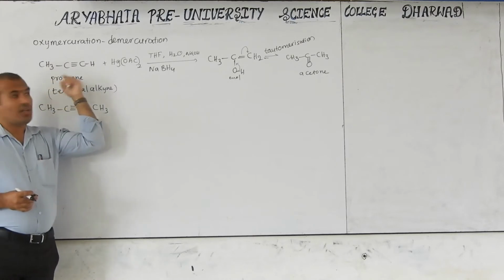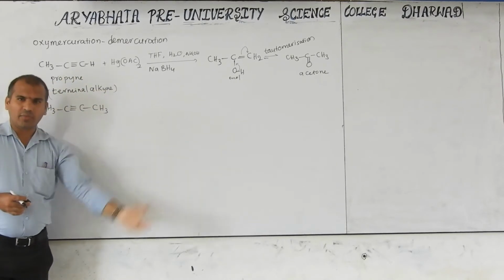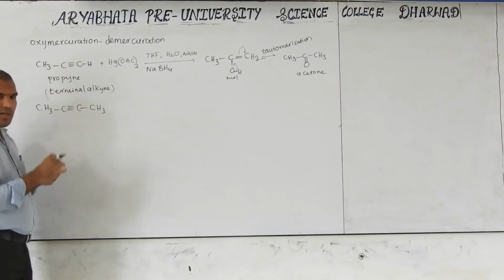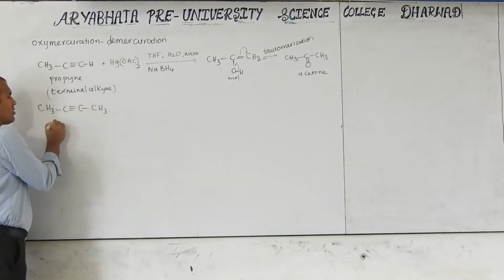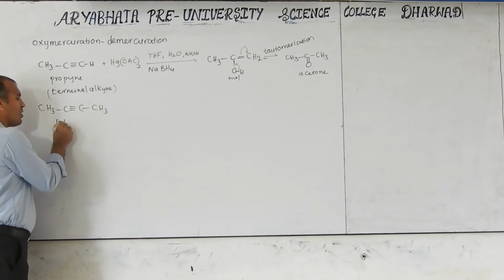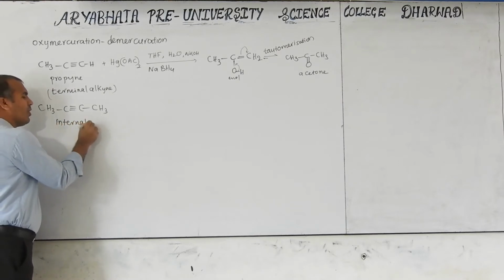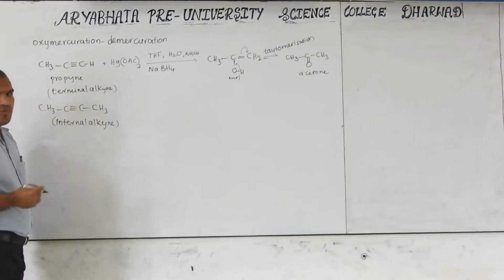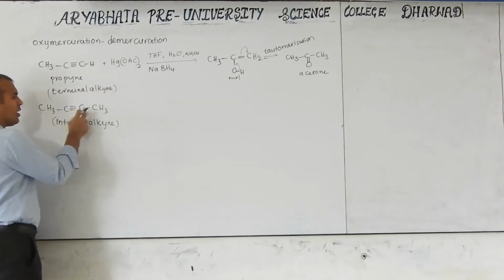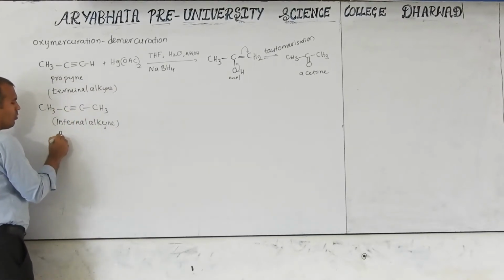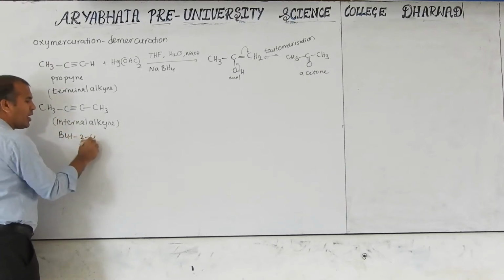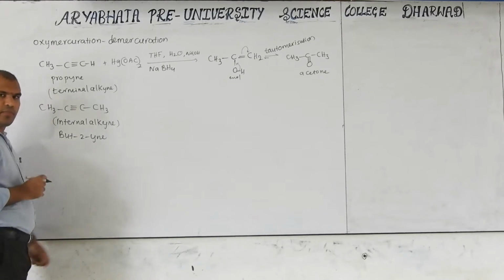If CH appears at the end, we call it terminal. If the triple bond is in the middle or inside, that is called an internal alkyne. This is not an IUPAC name, it just indicates what type of alkyne. For example, 1, 2, 3, 4, the triple bond is at the second position, so 2-butyne is the name.